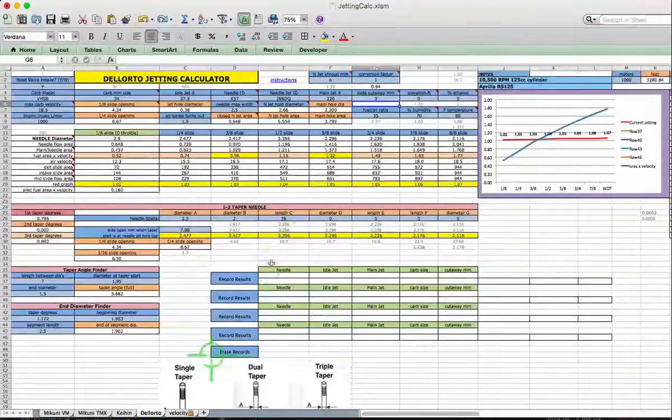On Dell'Orto, the needle jet ID begins with 3 numbers, and you just divide those 3 numbers by 100, and that gives you the needle jet hole diameter, which it does for you automatically.